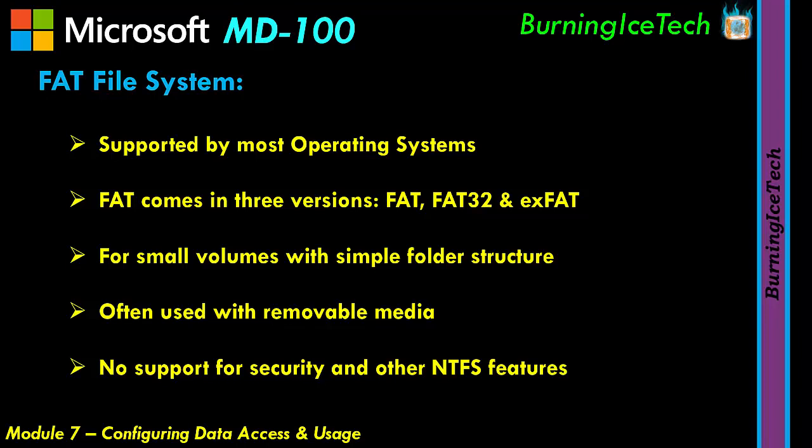Some manuals will tell you it's 40 gig, some will say it's 80 gig, some say it's 120 gig. I've pushed it up to 500 gigs, so I can tell you it's at least 500 gigs. I wouldn't recommend going bigger than that, and there's no reason why you would want to format a hard drive as FAT32. Memory sticks, yeah, maybe. Hard drives, no, there's no reason why you want to go and do that. These are weird limitations, I know, but if you think about it, the FAT file system is the oldest one out of the lot after all.